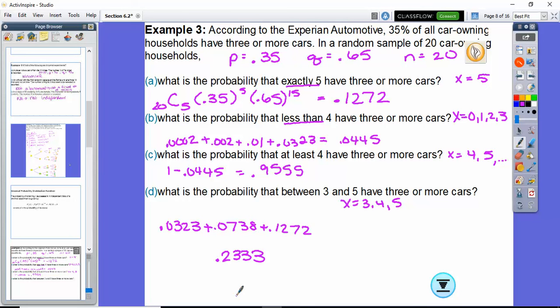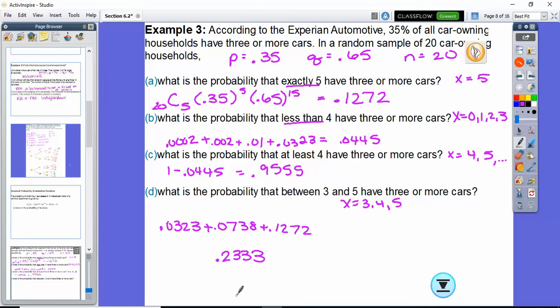Is that easier than making the whole tree diagram and finding every possibility and every probability that goes with that? Absolutely. Okay, so we do have definite limitations to our table because it doesn't have every possible n and every possible probability. But if we have to do it by hand, it's just a matter of using the formula and putting it in our calculator.